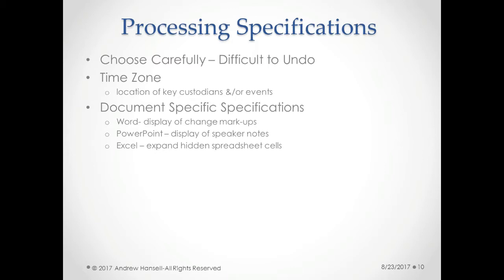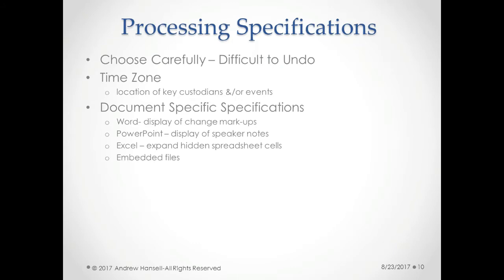Similarly, Excel obviously has the ability to hide whole spreadsheets or to hide cells within a spreadsheet. Often not done for nefarious purposes, just to make spreadsheets easier to look at and to work with. But when you're coming through and reviewing them later, the existence of these hidden cells might be missed by either attorneys reviewing it or contract attorneys reviewing it, and so sometimes you can select to have these hidden cells expanded as part of the processing, so that they're going to be visible in that image by default, and that should facilitate your ability to review that data.